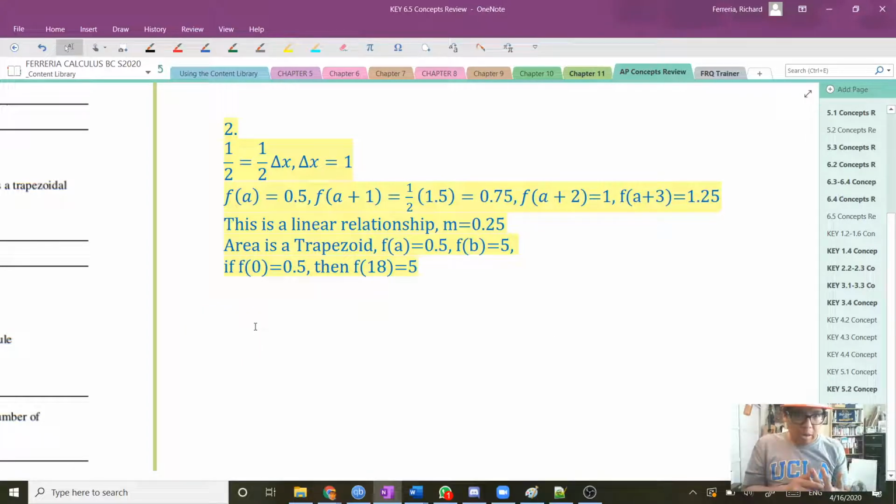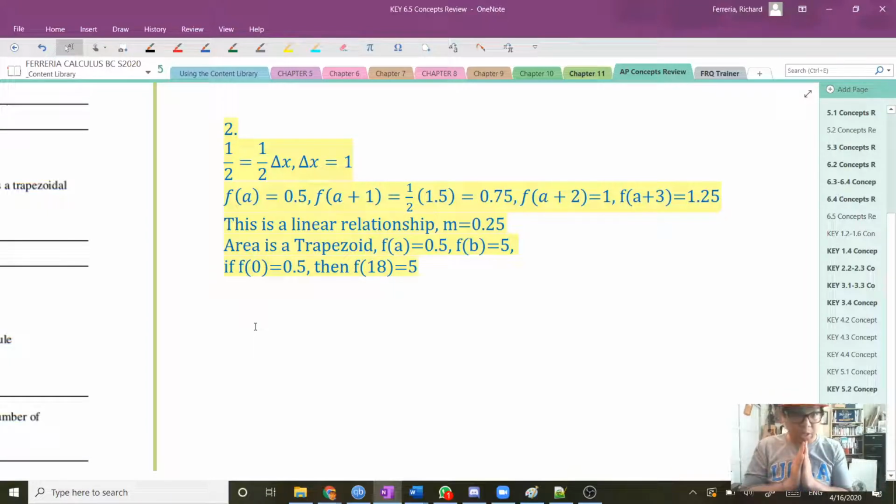If you count it out, well, if f of 0 is 0.5, and then f of 1 would be 0.75, and f of 2 would be 1, and f of 3 would be 1.25, you would get to 5 when you get to f of 18. Now, you're starting at 0, but it doesn't really matter where you started.